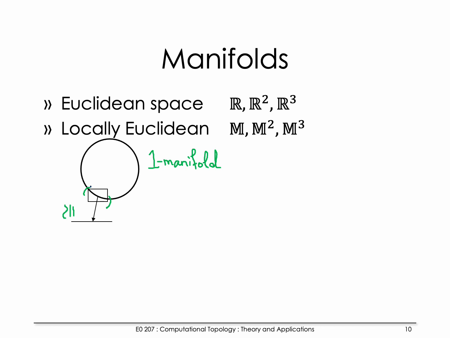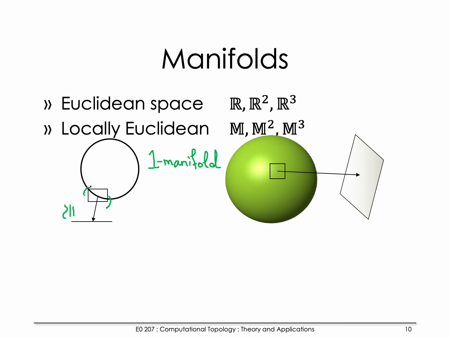So I'm not going to write this down, so it's available in the notes, but let's look at examples. The idea is to understand these notions and then try to use them.